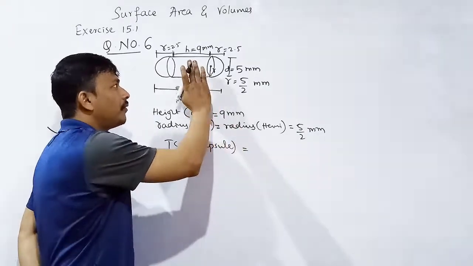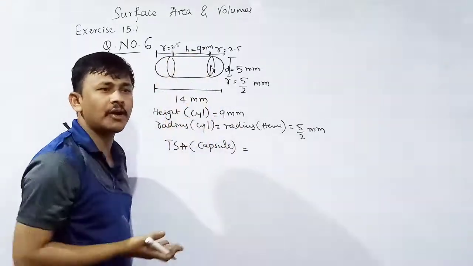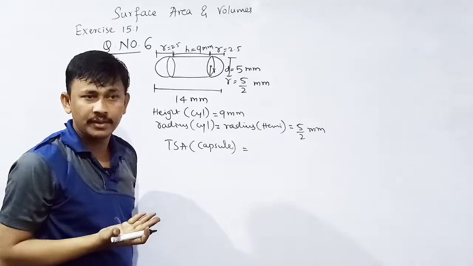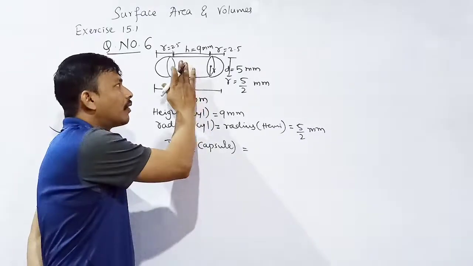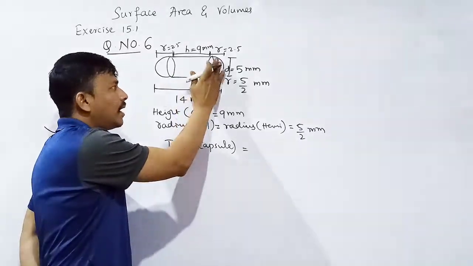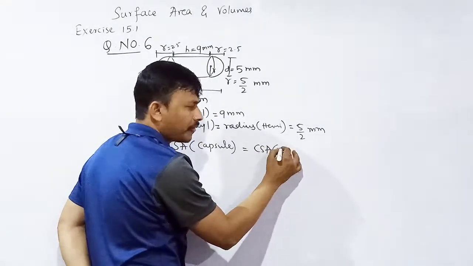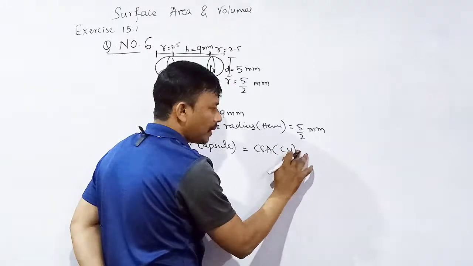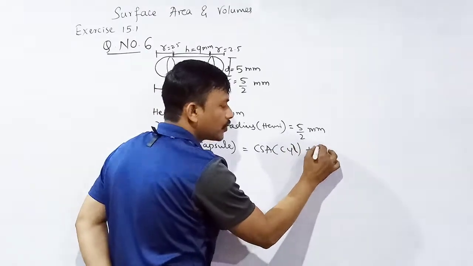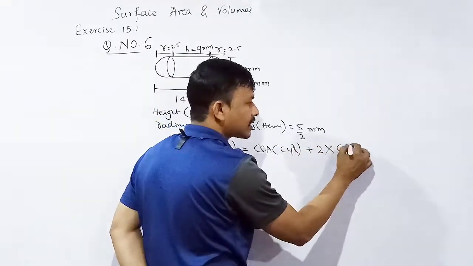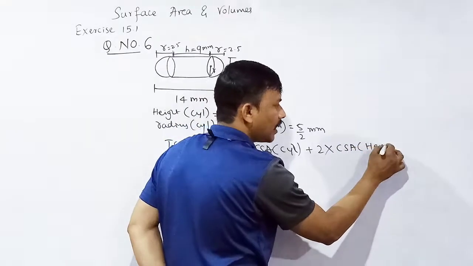We can feel only the outer parts of the capsule. That means what? Outer part of cylinder and outer part of hemisphere. That means CSA of cylinder plus 2 into CSA of hemisphere.